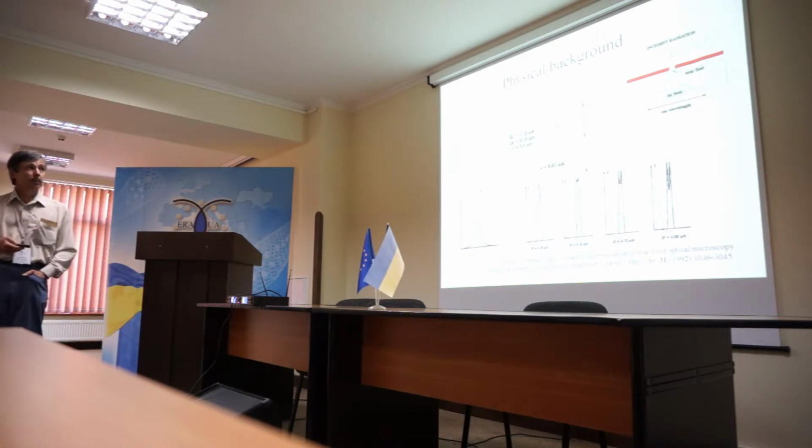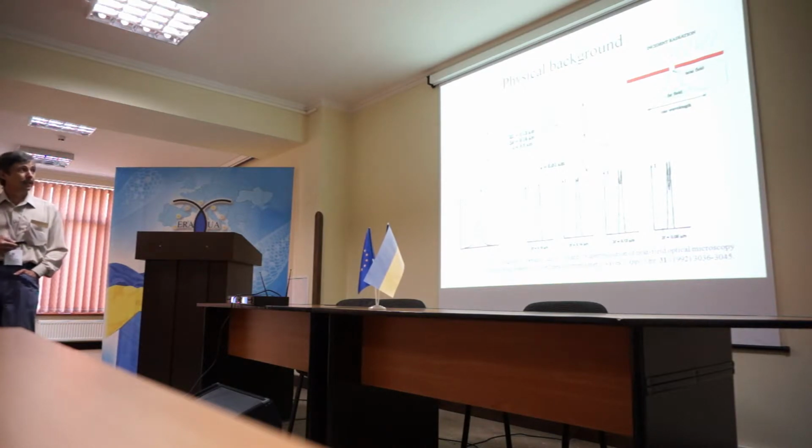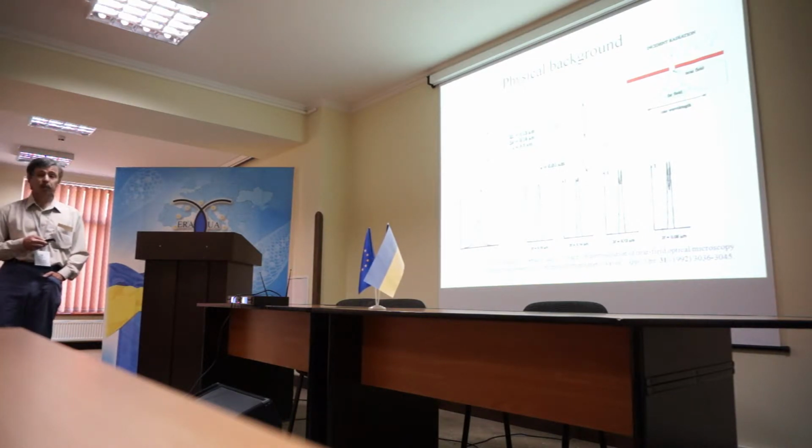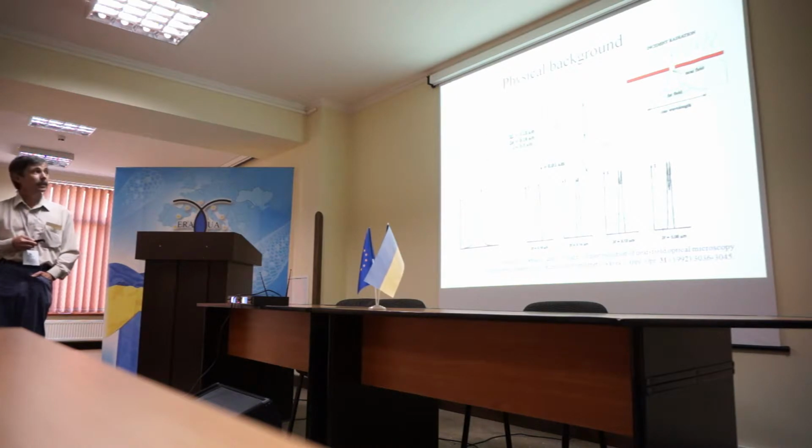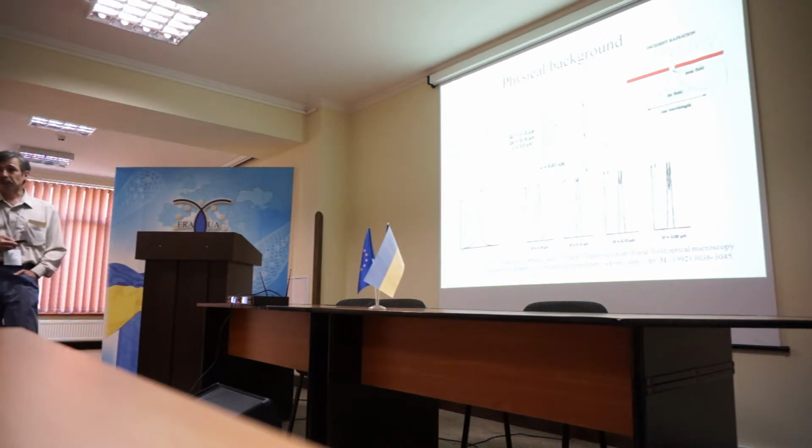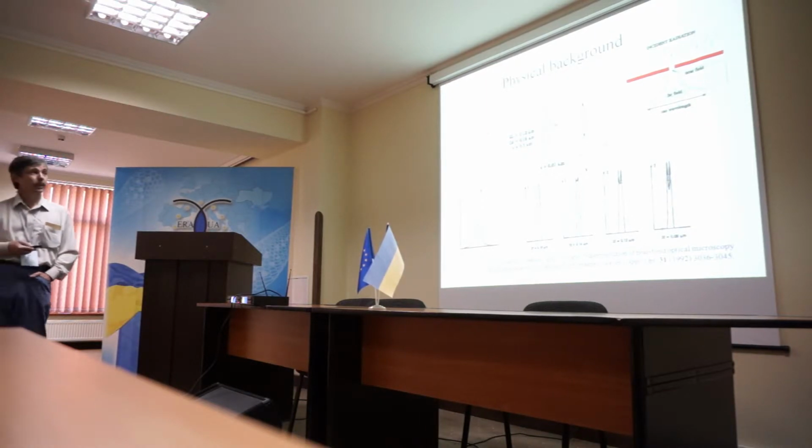So, to consider what is the physical background of this method, surely we can consider something like an analog of Young's experiment with two slits. And in this case, if we make the slits very small, of sub-diffraction size, and the separation between them also smaller than the wavelength, if we use the configuration of the standard experiment, we will see only one spot. So we cannot resolve these signals.